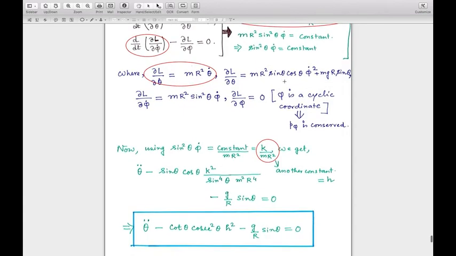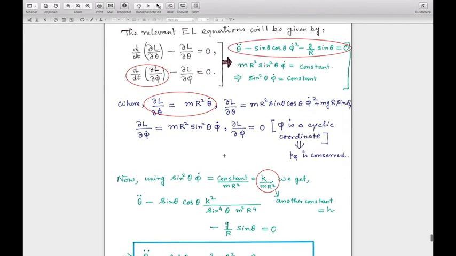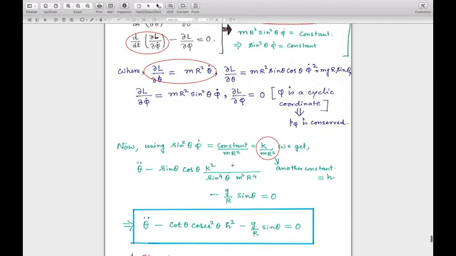That's very important as well. So in this equation, theta double dot minus sine theta cos theta phi dot square can be substituted in terms of theta, and that will be k square by m square r to the 4 by sine to the 4 theta minus g by r sine theta.